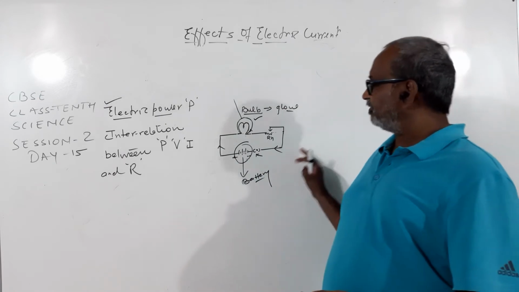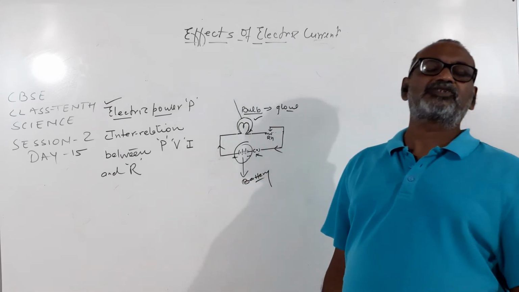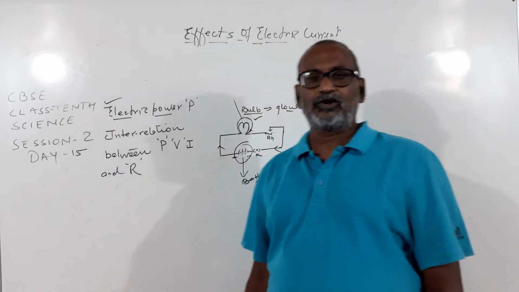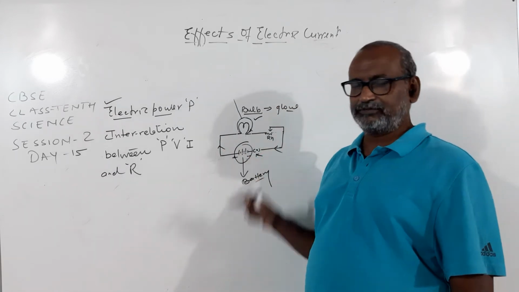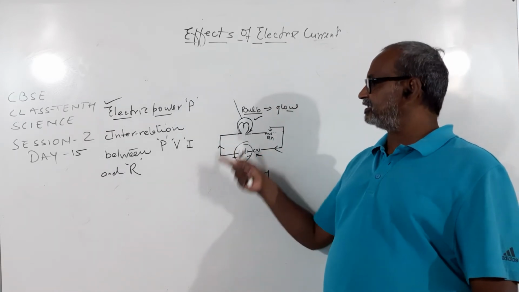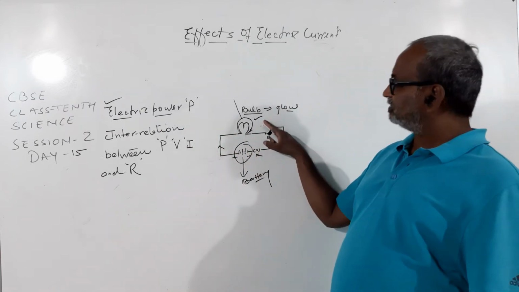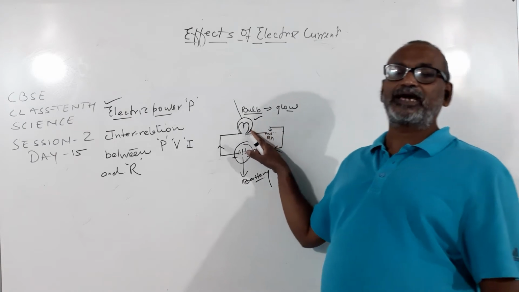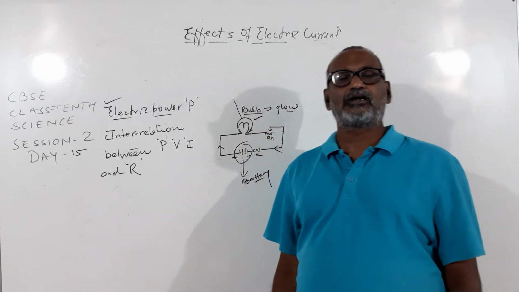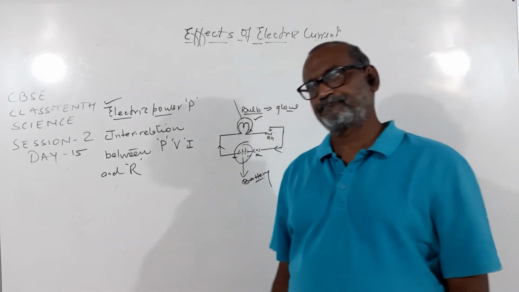The amount of electric work done per unit time is called electric power, or the transfer of the energy per unit time in an electric circuit is called electric power, or the quantity of the electric energy consumed by an appliance in unit time is called electric power.